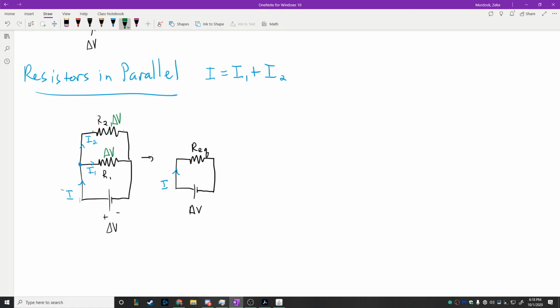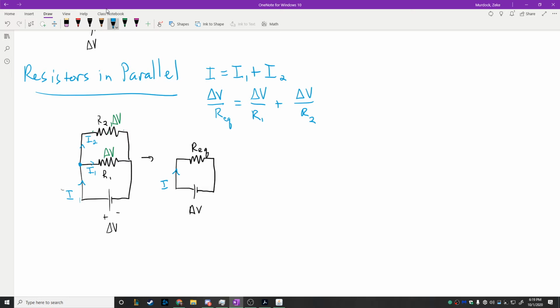So then what we do is, once again, we apply Ohm's law, and we say the current I should be equal to delta V divided by the equivalent resistance. I1 should be equal to delta V over R1. Then I2 should be delta V divided by R2.